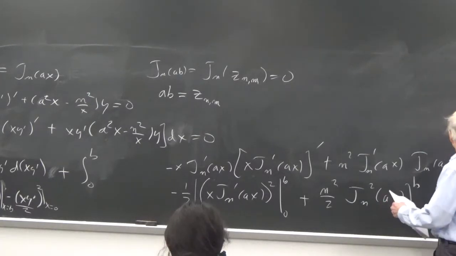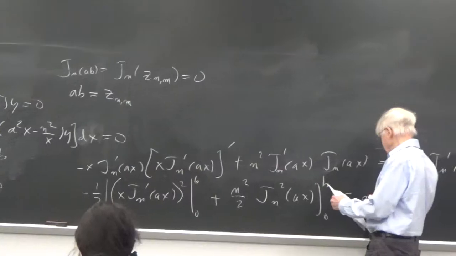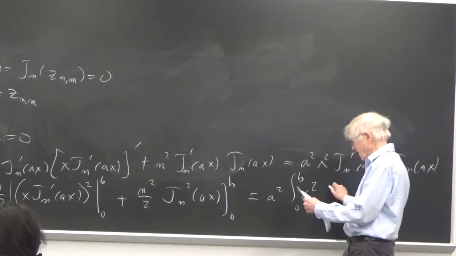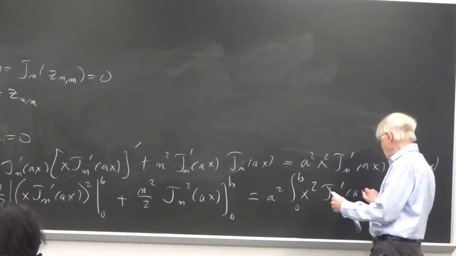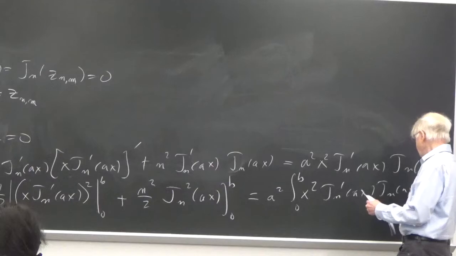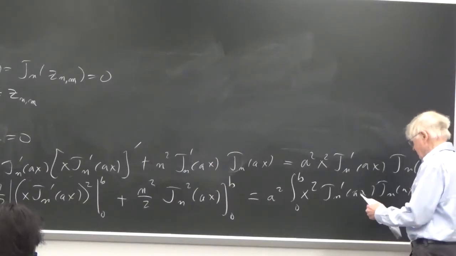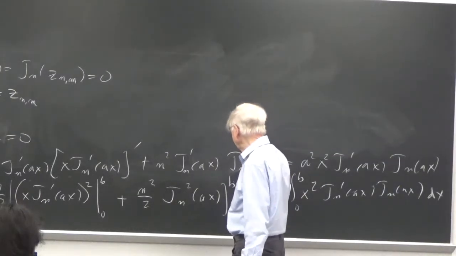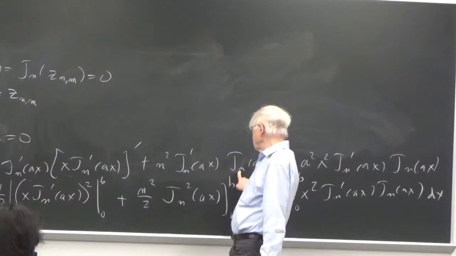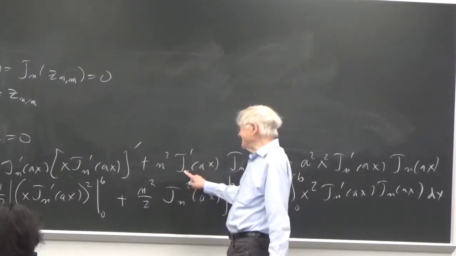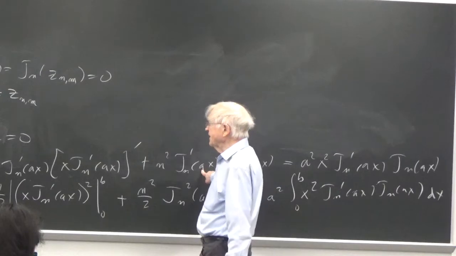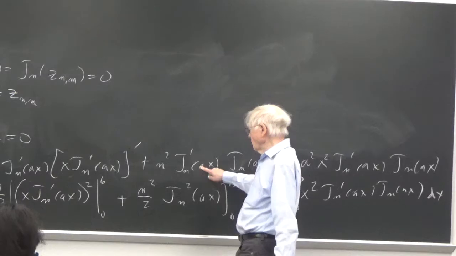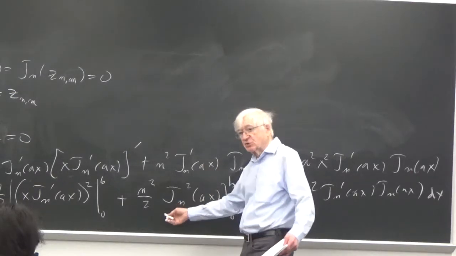And then this is equal to this integral, which is a squared integral 0 to b of x squared Jn prime of ax Jn of ax dx. So this part we don't do, but we do this one. You see, this is Jn dJn effectively, and consequently we get Jn squared over 2.